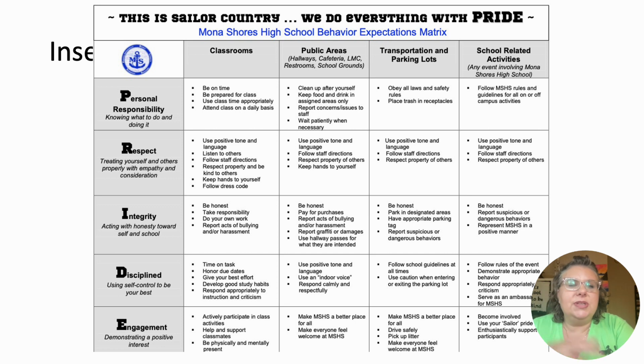So here's an example of one that's already been done, and this is for a high school, so it's totally different. And they talk about the different spaces in the building.